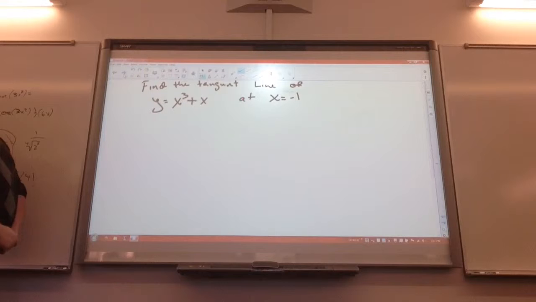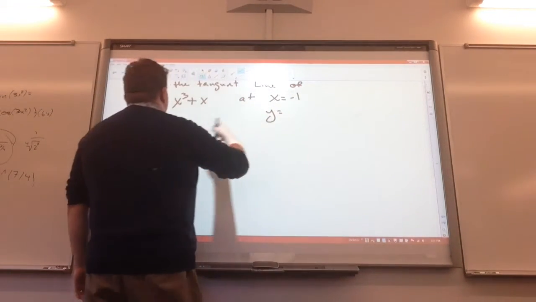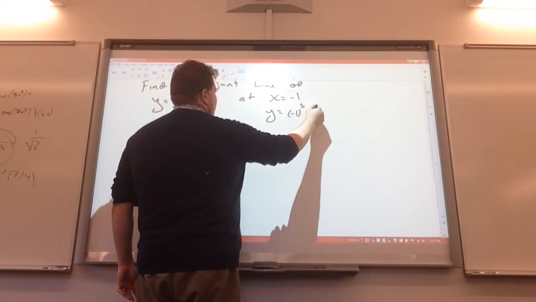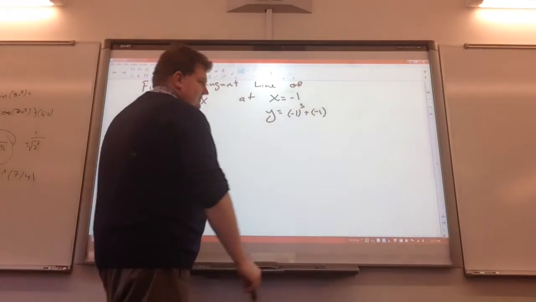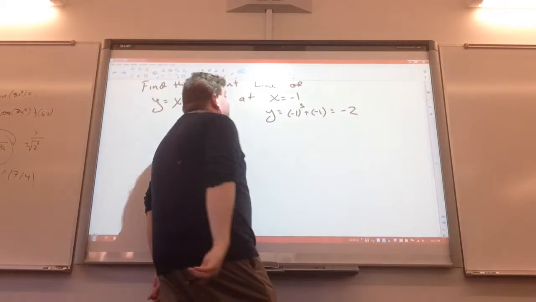So what do you think I ought to do first? Find the y coordinate, right? How do I find the y coordinate? You plug in x. So y then is going to be equal to negative 1 cubed plus negative 1. What's negative 1 cubed? Negative 1. And negative 1 plus negative 1 is? Negative 2.